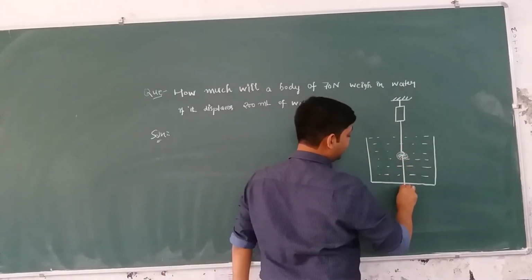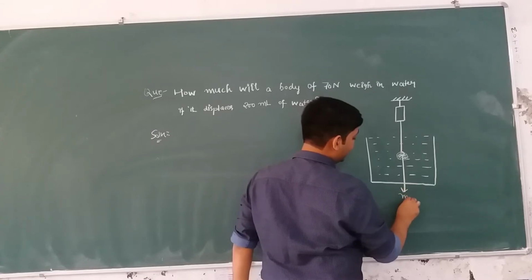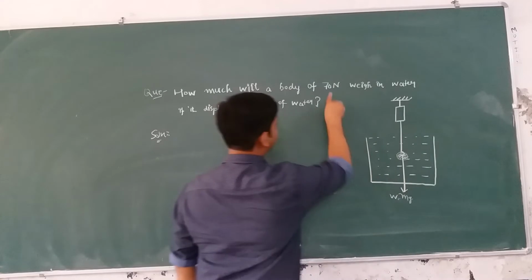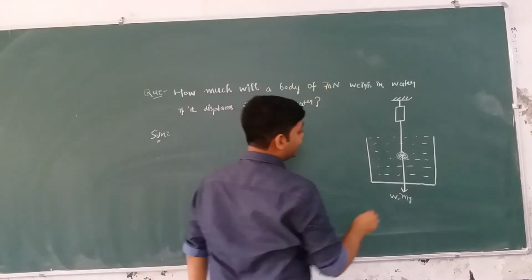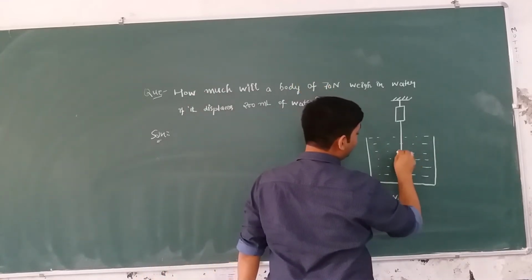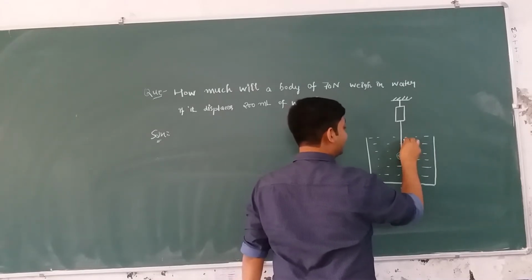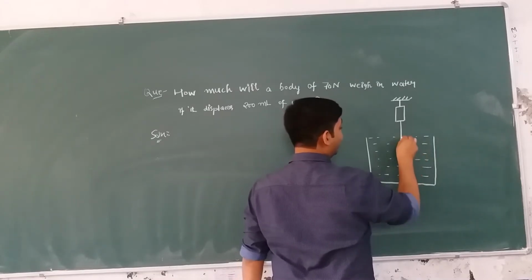Now if we see all the forces acting on this body, the weight mg will be acting downwards, which is equal to the real weight, and real weight in this question is given as 70 Newton. And there will be one buoyant force which acts in the upward direction. Let us denote that by U, and there will be a tension in this string.